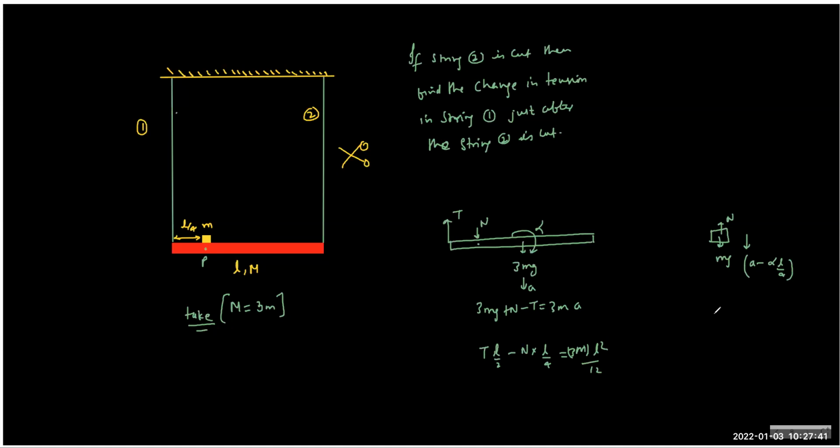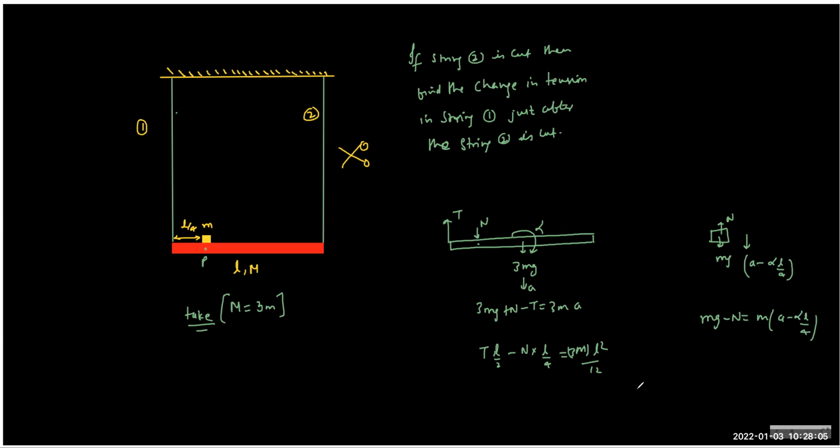So the block will fall along with the plank, and therefore it will have acceleration equals to A minus alpha L by 4, and because it's going together, it will have the same acceleration. And now the equation will be mg minus N equals to m times A minus alpha L by 4.